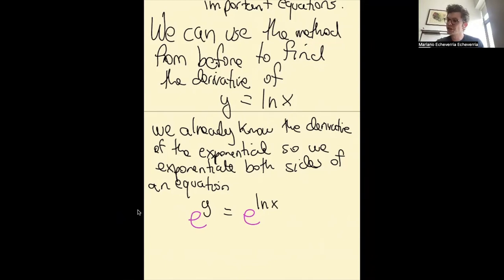So you use each side of the equation as the power of e, basically. Is that making sense?